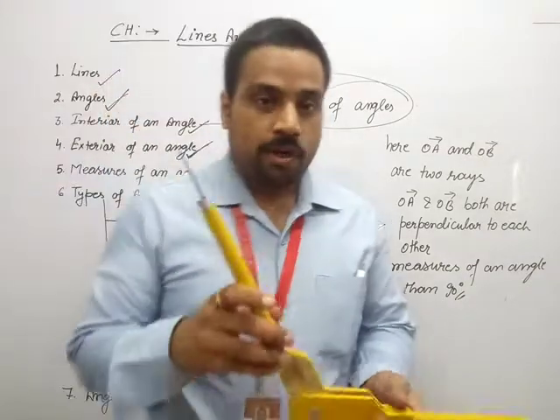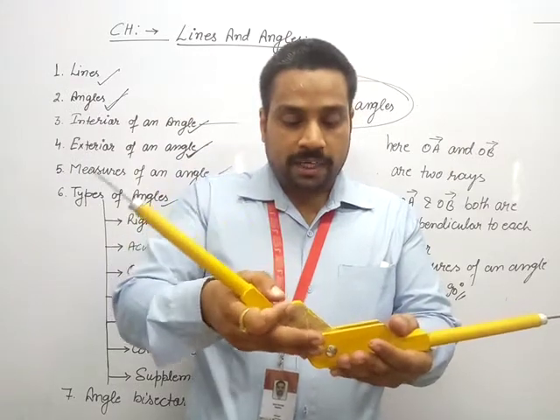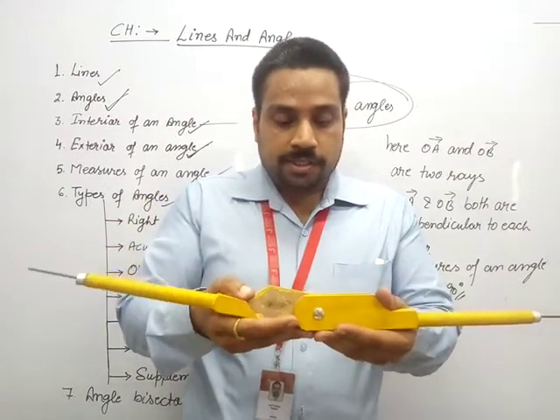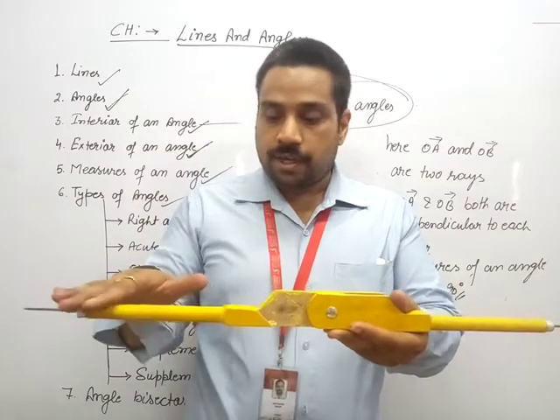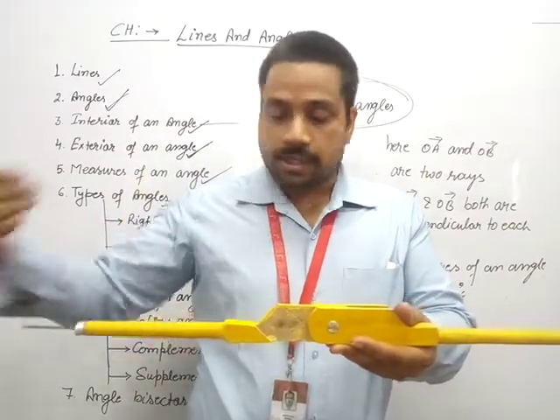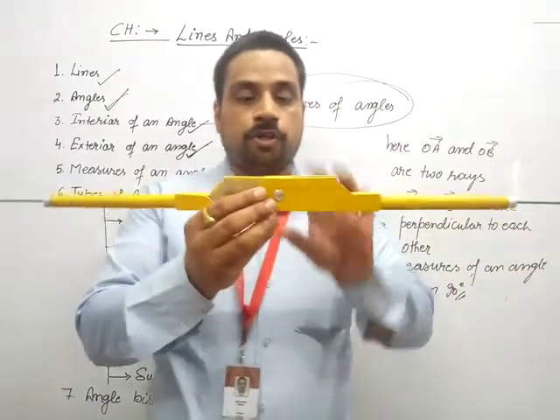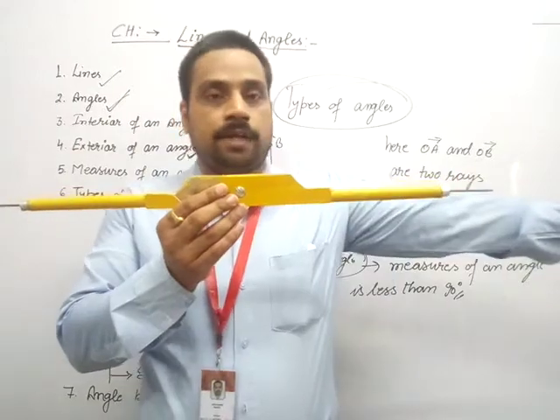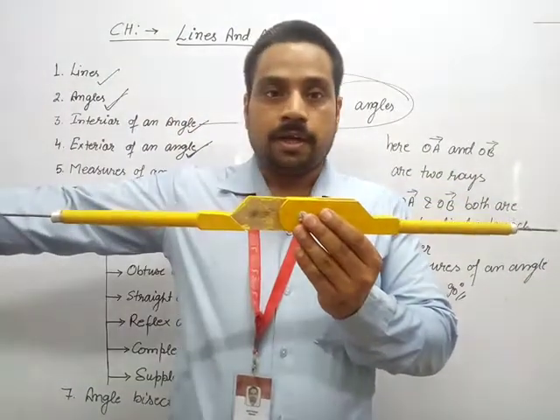And now, what is a straight angle? In a straight angle, when you bend this one and they are just opposite to each other, this ray is in the opposite direction to this ray. The direction of this ray is to my left hand and the direction of this ray is to my right hand.